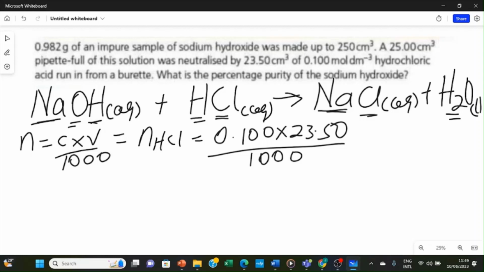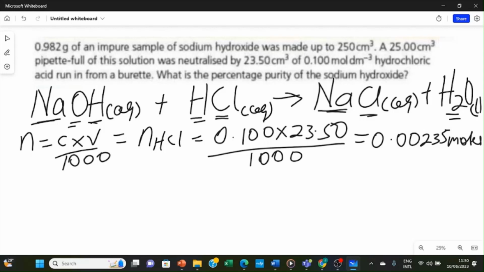So I'm going to use my calculator now. 0.100 times 23.50 divided by 1000 is equal to 0.00235 moles. That's the first thing.